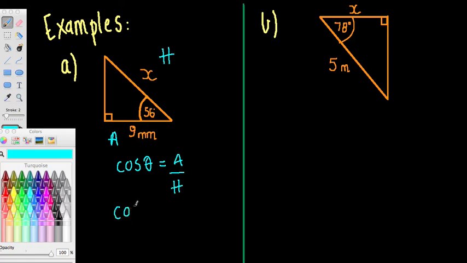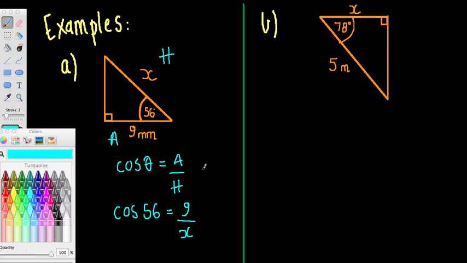So my next step will be to substitute 56 where theta is in the ratio. My adjacent side has a value of 9, and my hypotenuse side is x. So this is my ratio with the substituted values.